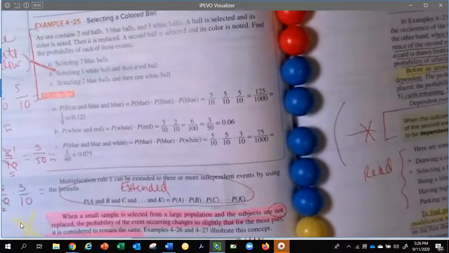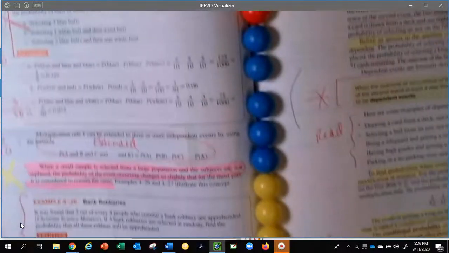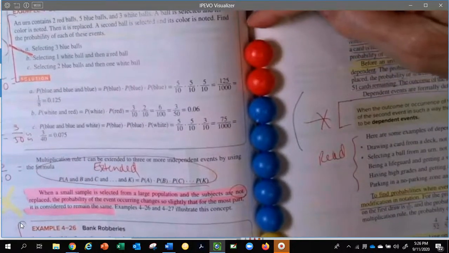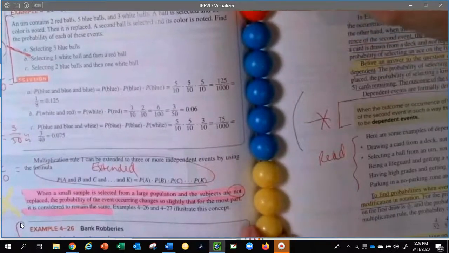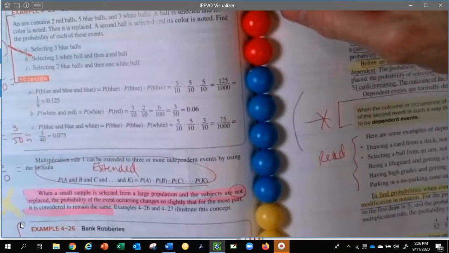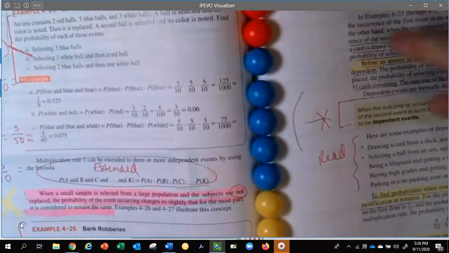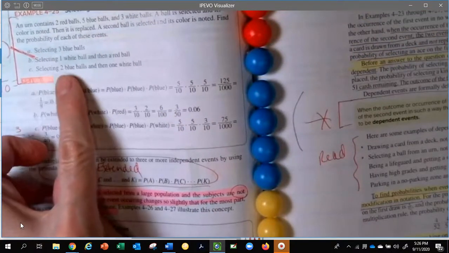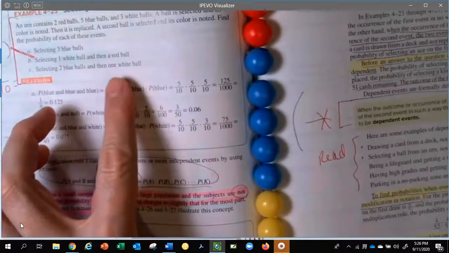And let's see if I can make this taller where you can see all of them. And maybe not. These are in a bag. You see all of them here. And we cannot see, when we reach into the bag, what color we're going to draw. And so it's saying, what is the probability that you'll select 2 blue balls and then 1 white ball?